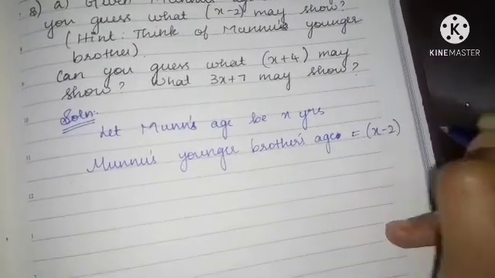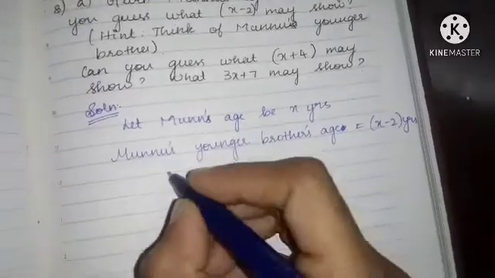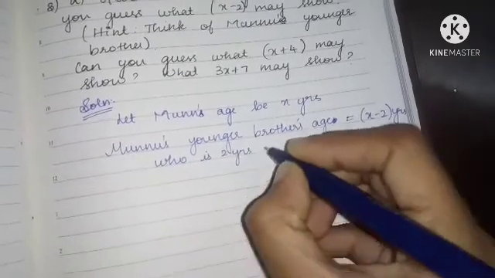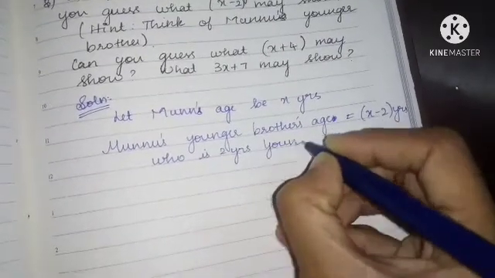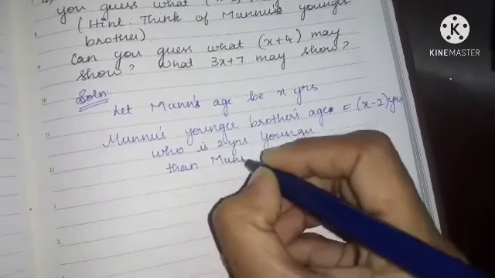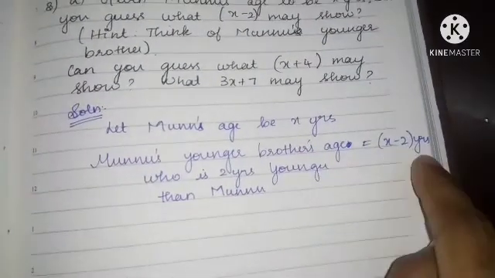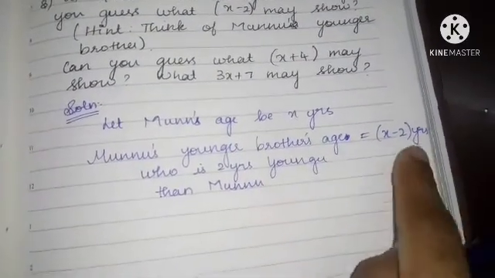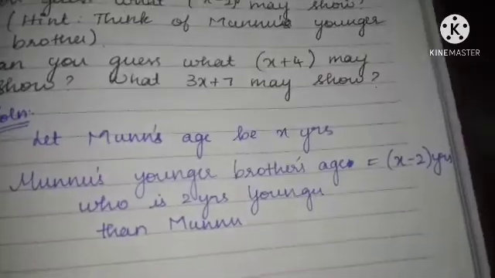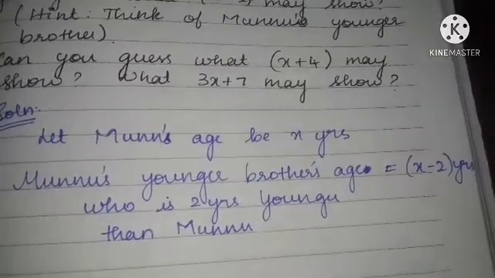X minus 2 years. Munnu's younger brother's age, who is 2 years younger than Munnu. See, Munnu's younger brother's age is X minus 2, who is 2 years younger than Munnu, because that's why I am writing X minus 2.